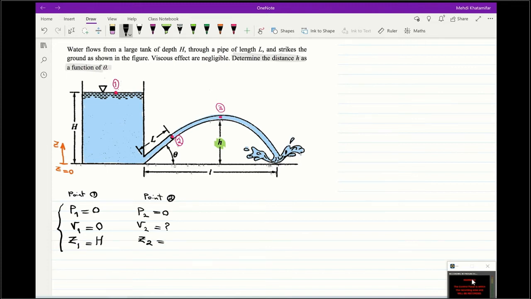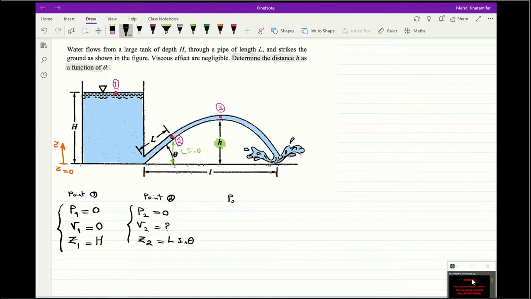It is going to be sine of theta times L. So L sine of theta, which is this distance. So I have the necessary information for point 2.